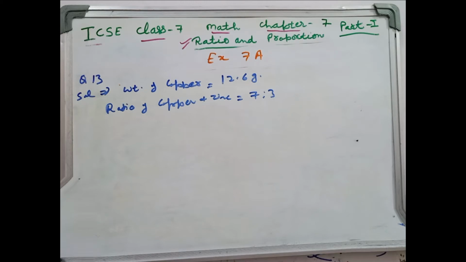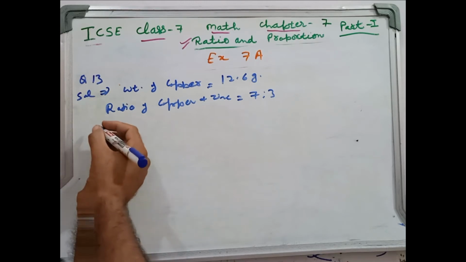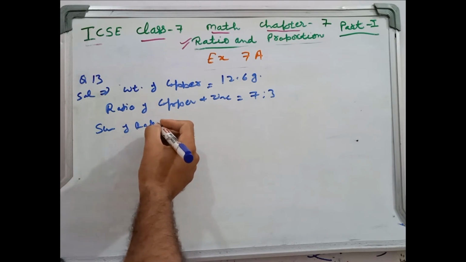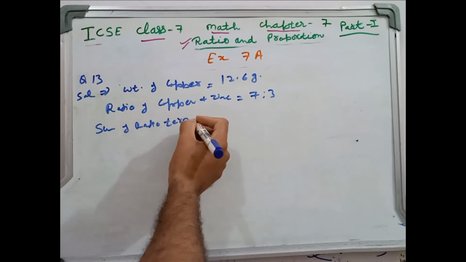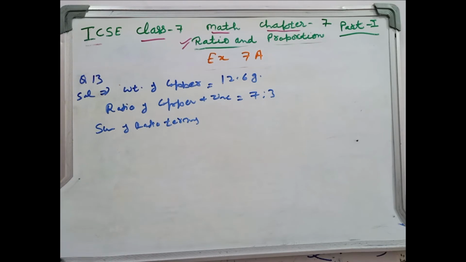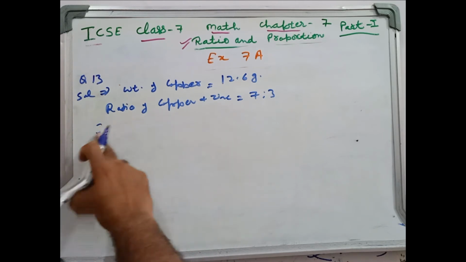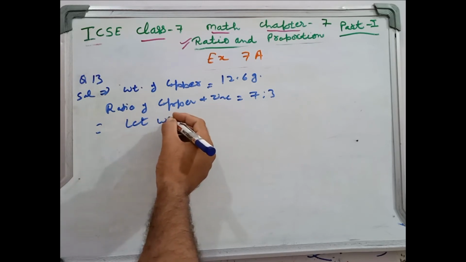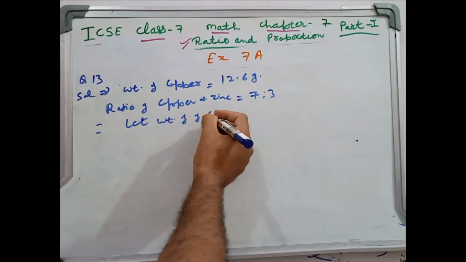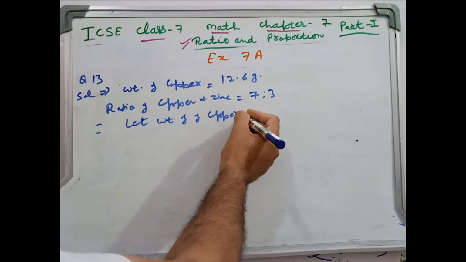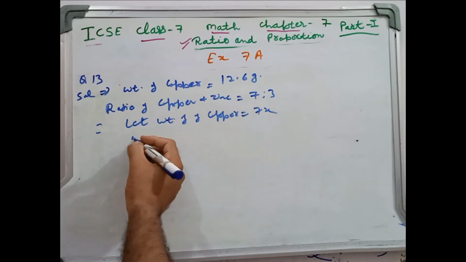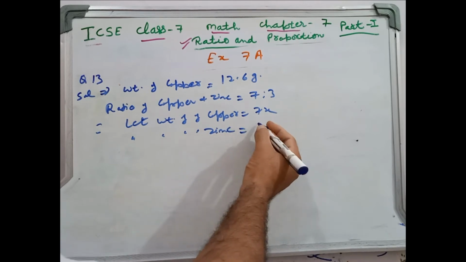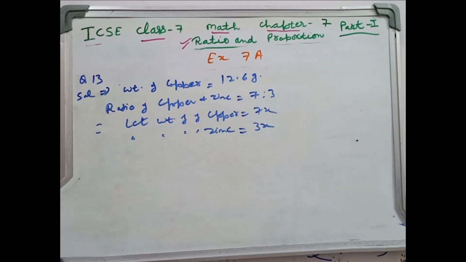Now we can do it as sum of ratio terms, or we can do it that weight of copper equal to 7x, let weight of zinc equal to 3x.